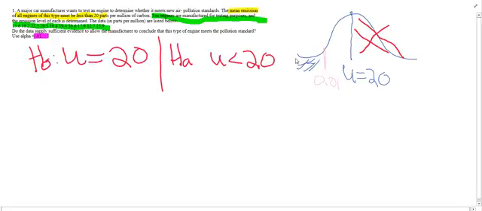If we're in this section over here, then we are going to reject the null that we are equal to 20. And we can then accept our alternative claim, which is that we are in fact less than 20.